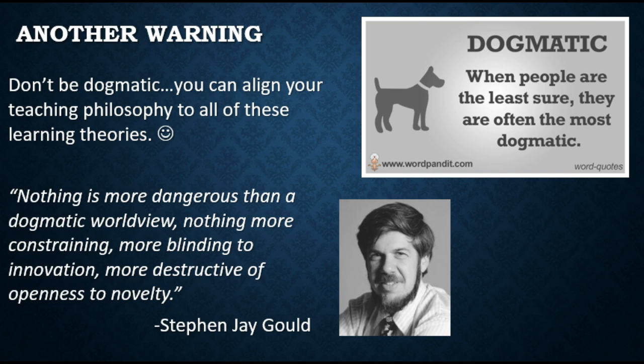And I use this quote from Stephen Jay Gould because he's a great example of someone who challenged the paradigm in the scientific world. He's most famous for the punctuated equilibrium theory, which is the idea that evolution didn't occur in a slow march.